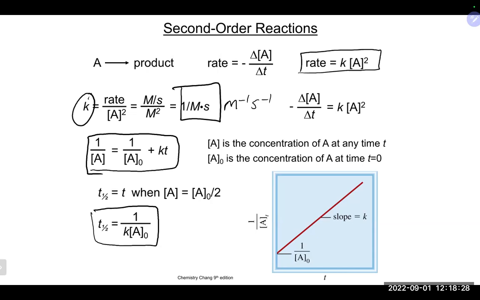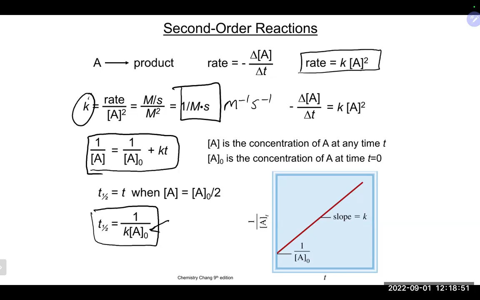It's on the bottom, right? Which means with a larger concentration, I end up with a smaller number when I mathematically divide it. So if the initial concentration is large here, my half-life will be small. So the larger the initial concentration, the smaller the half-life.